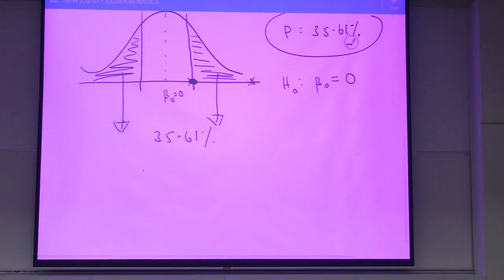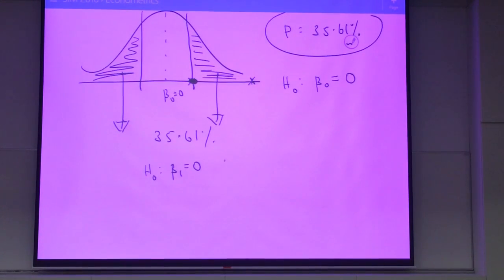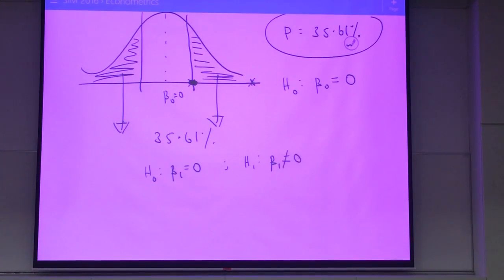So here we are testing the null hypothesis, beta 1 is equal to 0, against the alternative, beta 1 not equal to 0. And the p-value is 0.